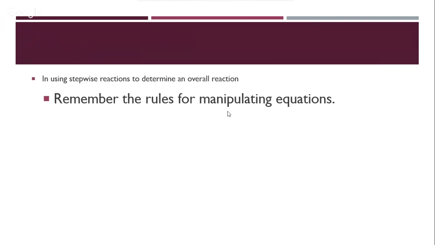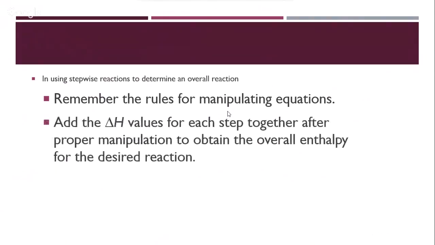At each of these steps, whenever we are manipulating, we write the right delta H. I told you that delta H depends not only on temperature and conditions, but also on the number of particles and the type of particles, solid, gaseous, and all of that. So all that put together, you will realize that the delta H value for each step is rightly written, and from there the overall enthalpy of the desired reaction is calculated.